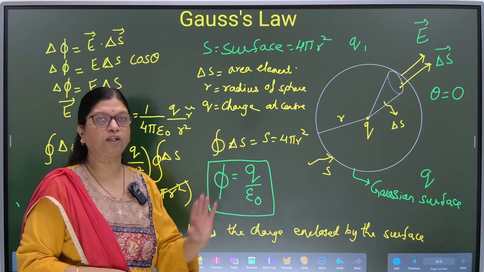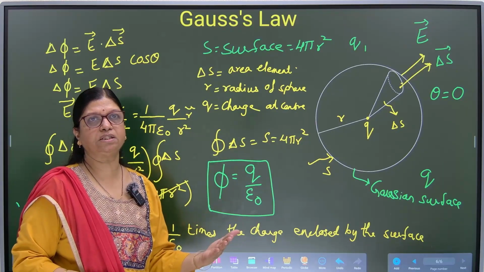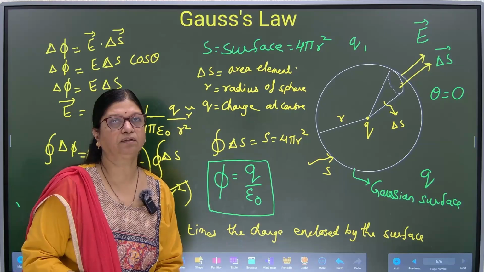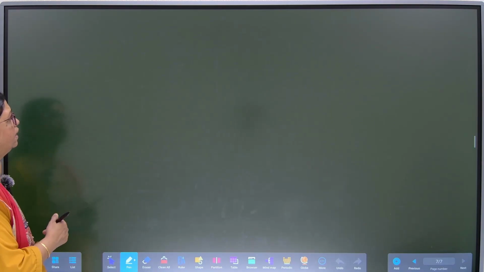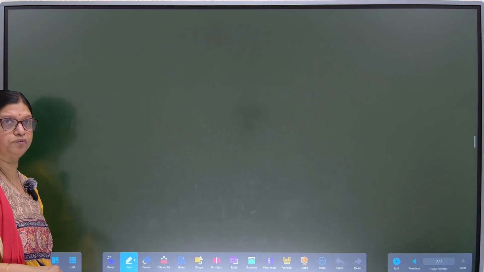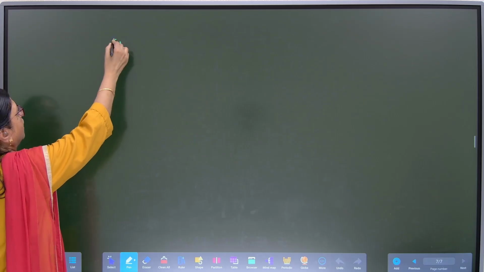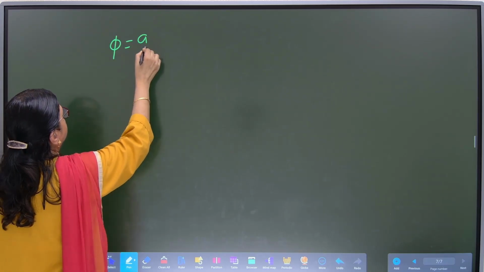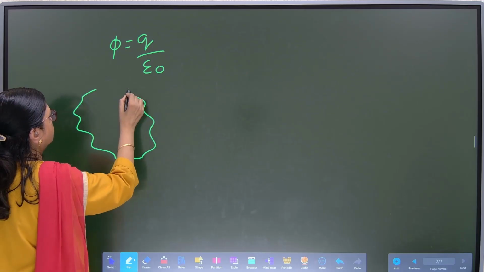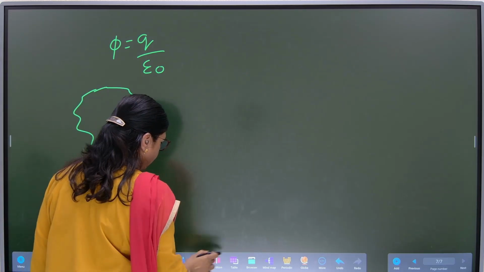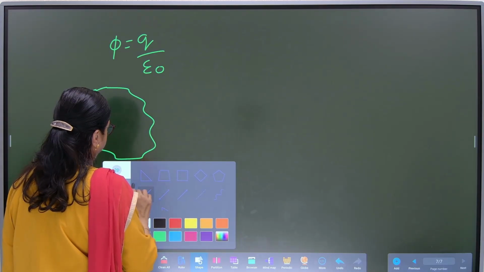I shall move and you can take a pic, and then we will go to the variations in Gaussian surface. As discussed earlier, what should be the shape of the Gaussian surface? It is not there in our formula. What is our formula? Phi is equal to Q upon epsilon naught. So the shape can be anything. The shape can be a proper circle also.